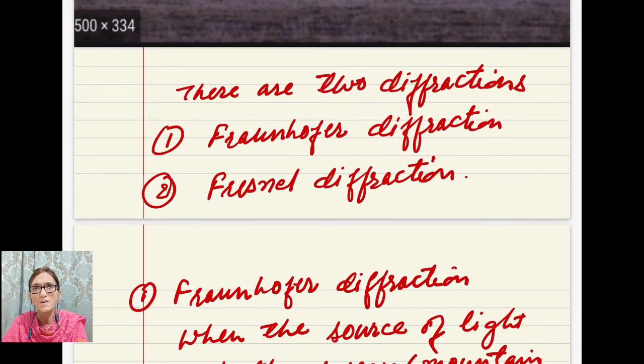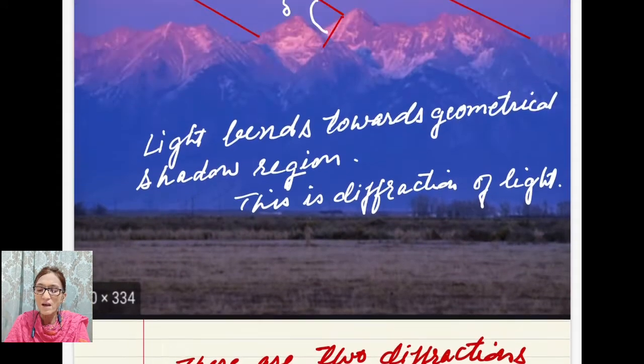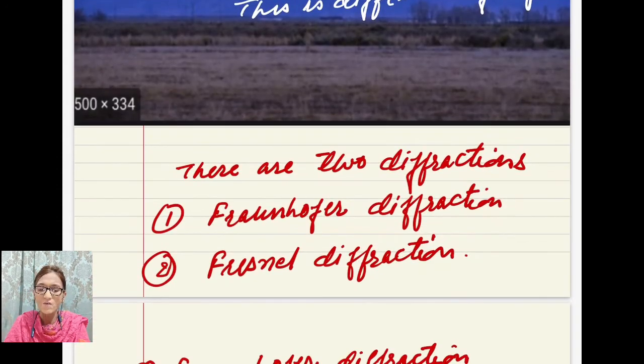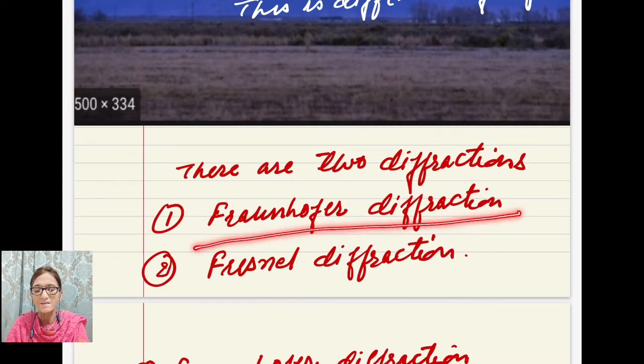Now there are two kinds of diffractions. When the source is very far away, at infinite distance, and the screen also is at infinite distance from the observer, you are observing this phenomenon from very far. So if the screen and the source of light are at infinite distance, such diffraction of light is called Fraunhofer diffraction.